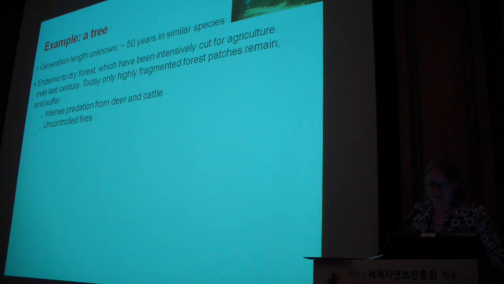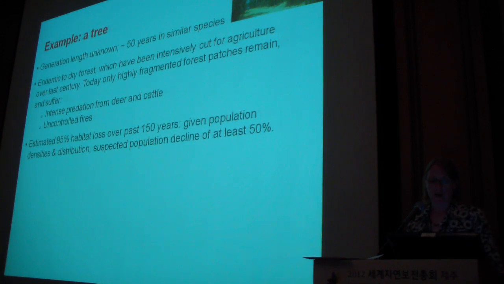In this case, the species is endemic to dry forest, which has been intensively cut for agriculture over the last 100 years. Today it occurs only in highly fragmented forest patches, and the species suffers from browsing from deer and cattle, and uncontrolled fires sweeping through the region.